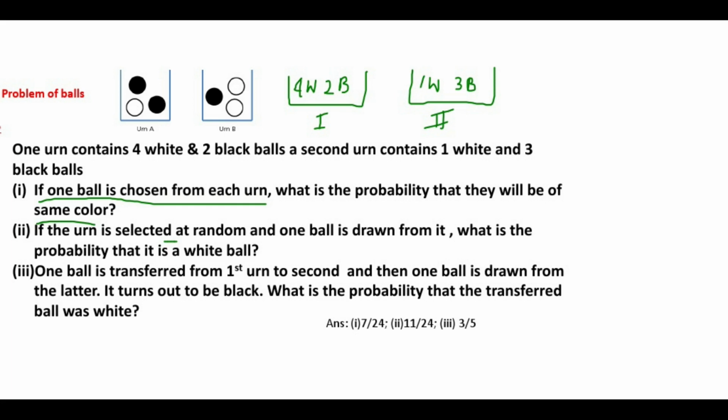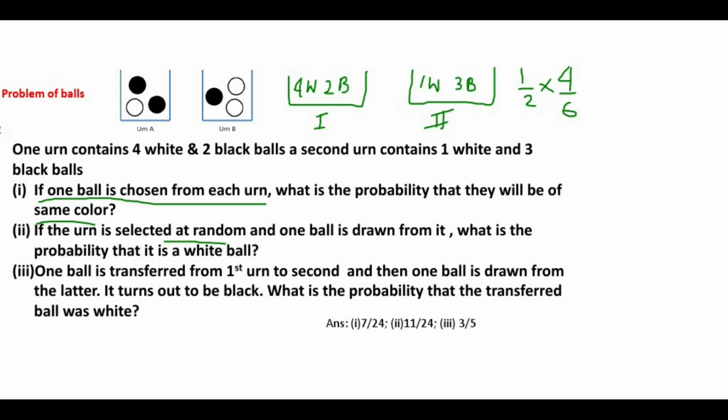If the urns are chosen at random, let us consider the selection of the urn will be equally probable. So the probability of choosing this urn is half. So first, suppose this urn is chosen, the probability is half, and you are drawing a ball, so it will be white. How many ways is it possible? 4 by 6.